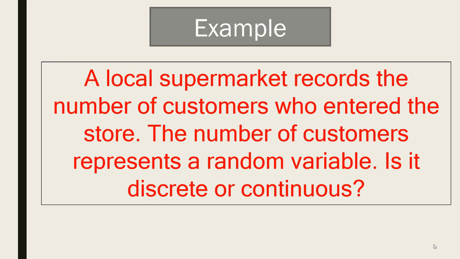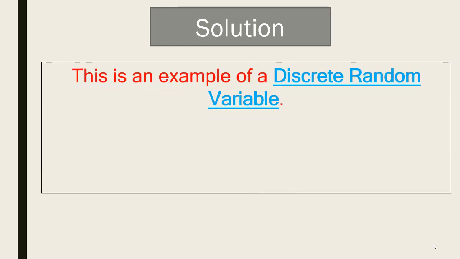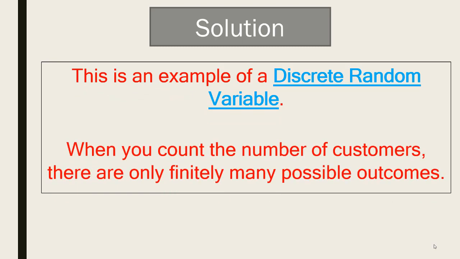With this supermarket problem, this is going to be a discrete random variable. You're counting the number of customers, so there's only finitely many possible outcomes. You couldn't have an infinite number of people walk through the doors of a grocery store. It's not possible.